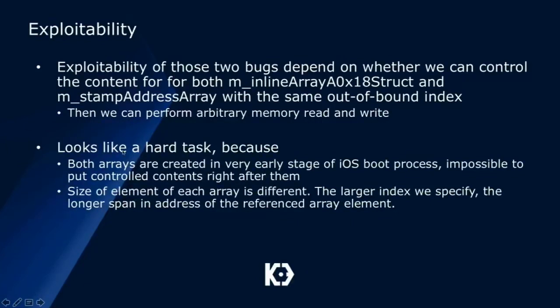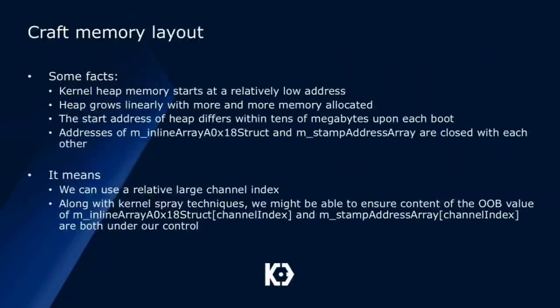This is because both arrays are created in a very early stage of the iOS booting process, and it looks impossible that we can put very controlled contents right after them. The second reason is that the size of the element of each array is quite different. The larger the index we specify, the longer span in the address of the referenced array element we have. So that's not very good news.